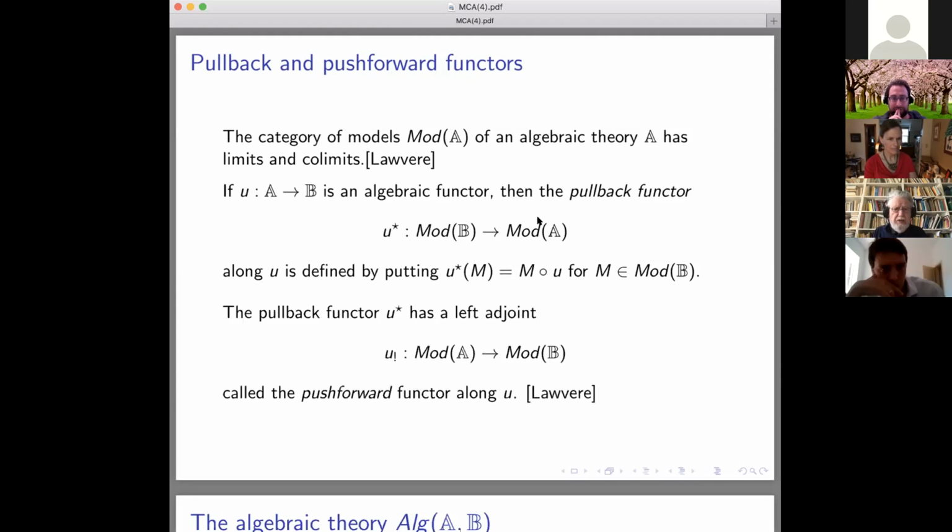And this functor has a left adjoint called the pushforward functor along U, lower shriek. So for example, you can get from this free models, free algebras, things of this sort. That's a special case.